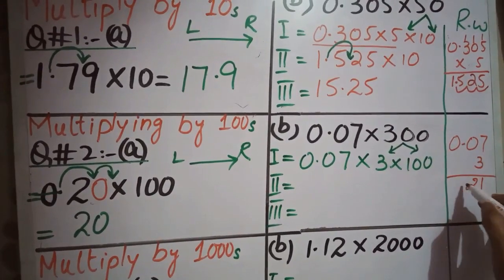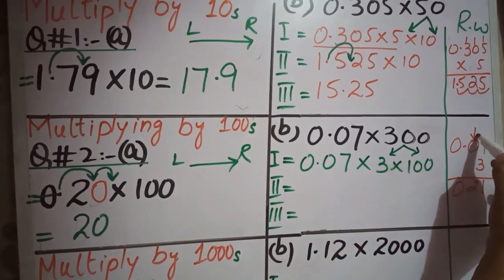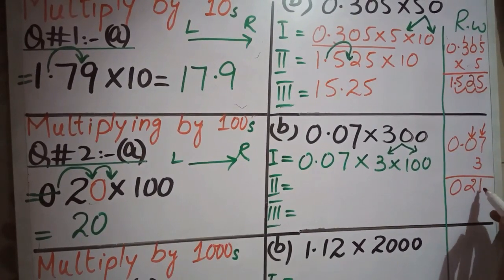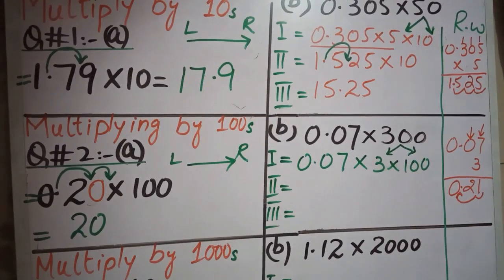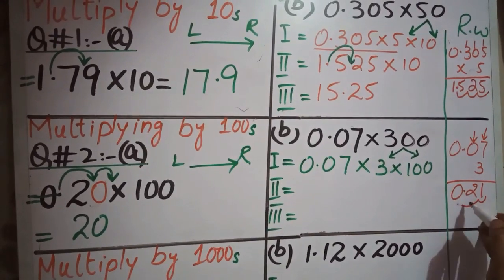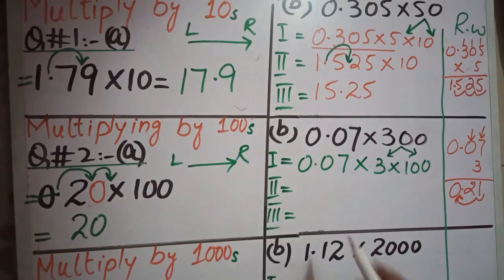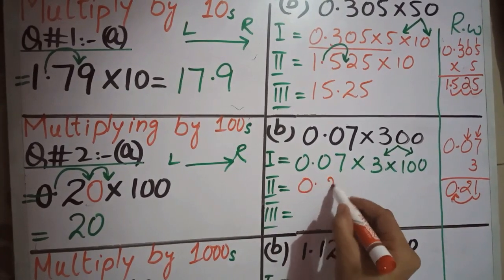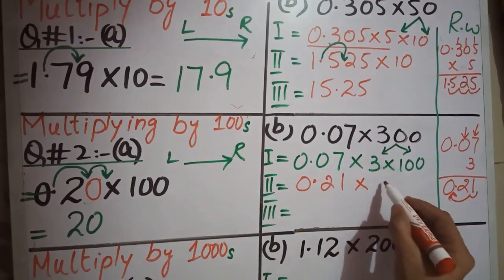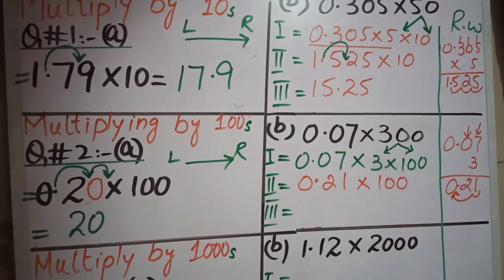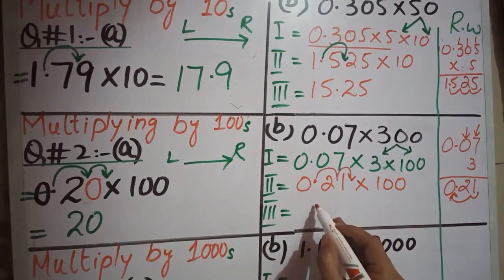Now 3 zeros are 0. Can you see here are two DPs, DP number 1, DP number 2. That's why we will put the point here. Clear? And you will get the answer 0.21, multiplied by 100. Now we will shift the point 2 times. The number will become 21.